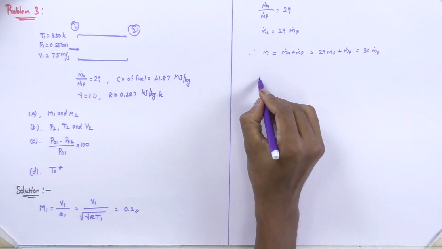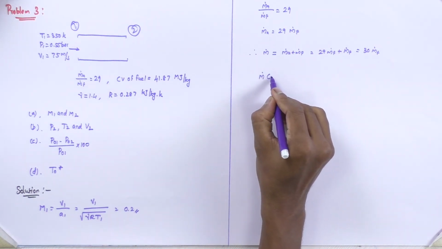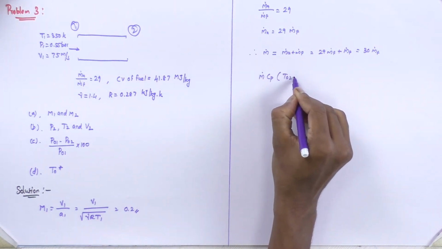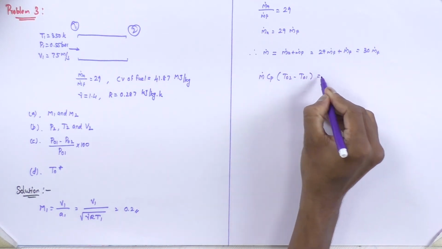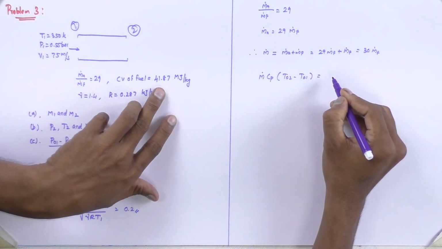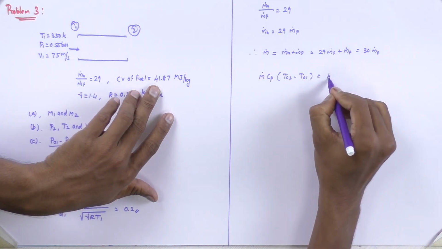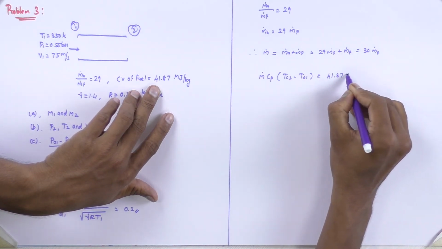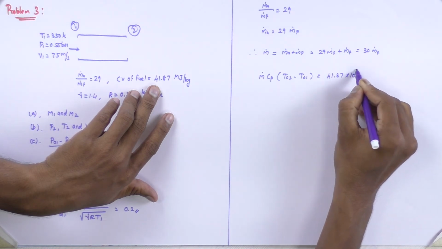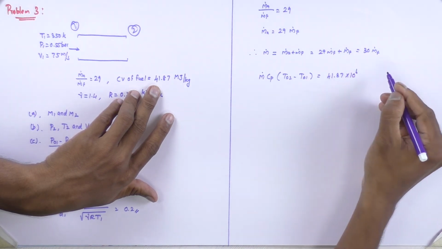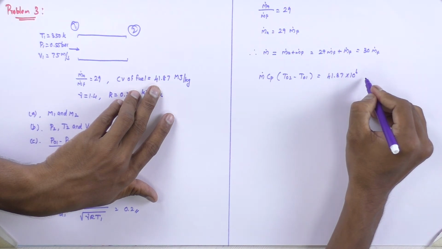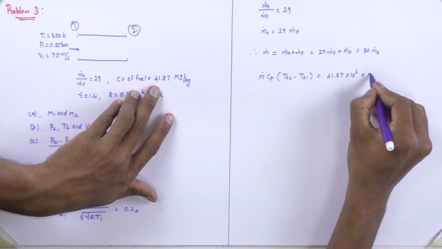So m dot into Cp into (T02 minus T01) is equal to the calorific value, that is 41.87 megajoule, which is 10 power 6 joule per kg, into the mass flow rate of the fuel.